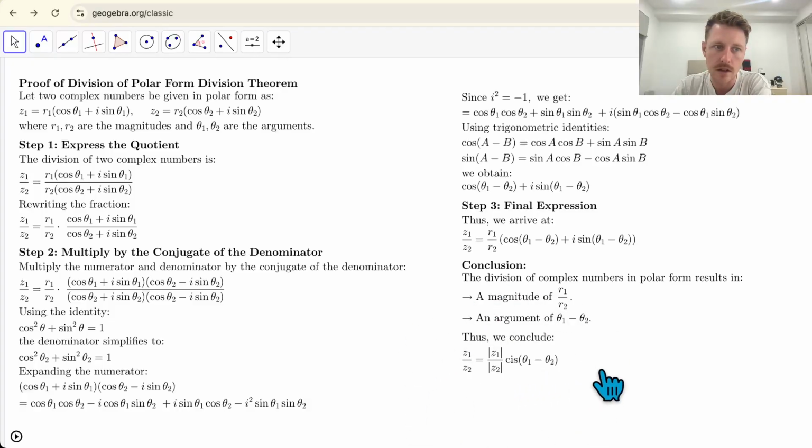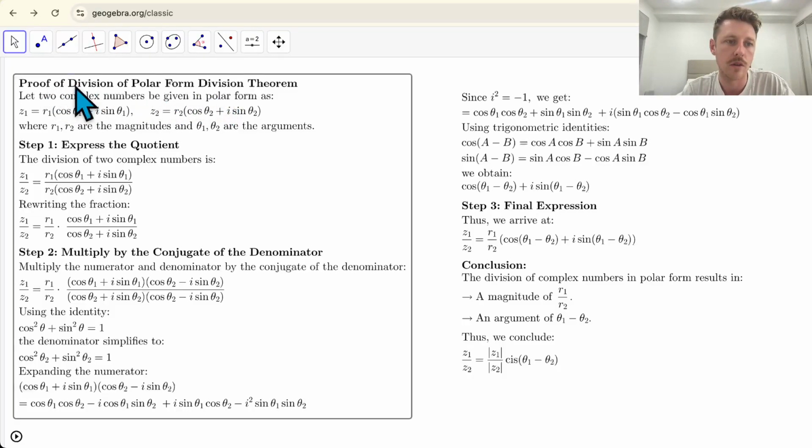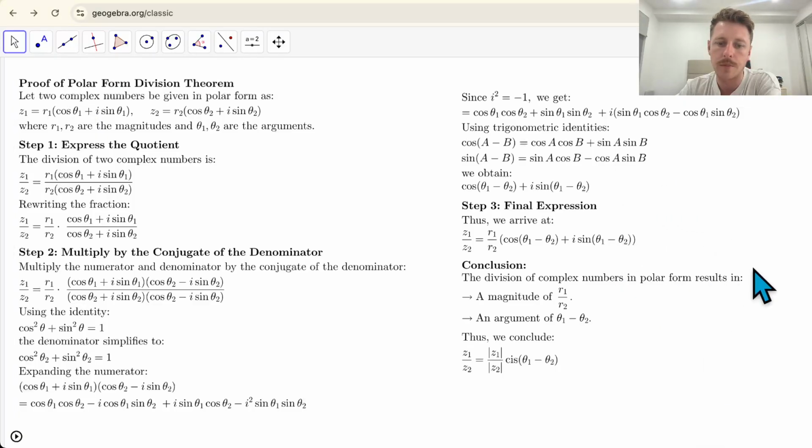So that is our proof of division of complex numbers in polar form. Proof of, I need to change this, one sec. So that's better. Proof of polar form division theorem is what we could call that.